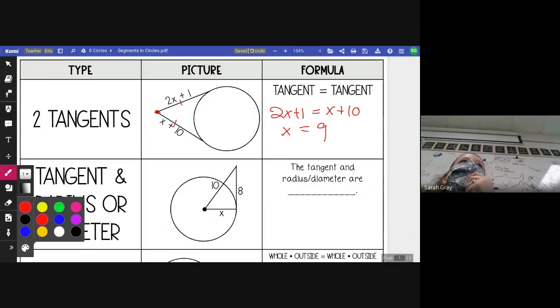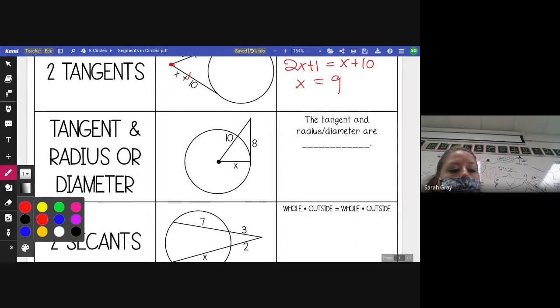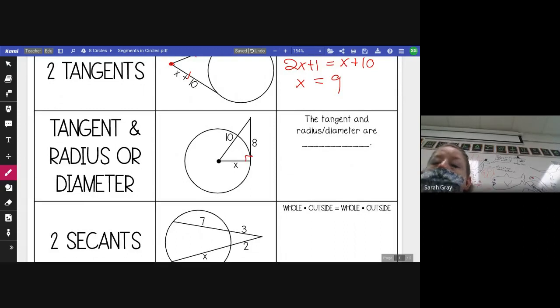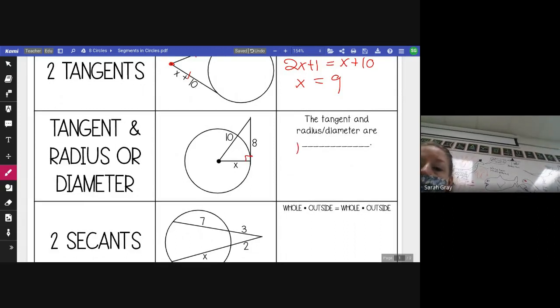All right, that's a theorem you already know. The next one you also already know. When a tangent meets a radius, those two lines become perpendicular.